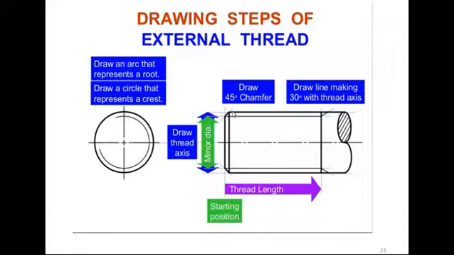The topmost is the crest, shown as a full circle, and we draw an arc that represents a root. Whatever root is there for your threading will be represented by this arc. When the arc is inside, it represents that this is an external thread.